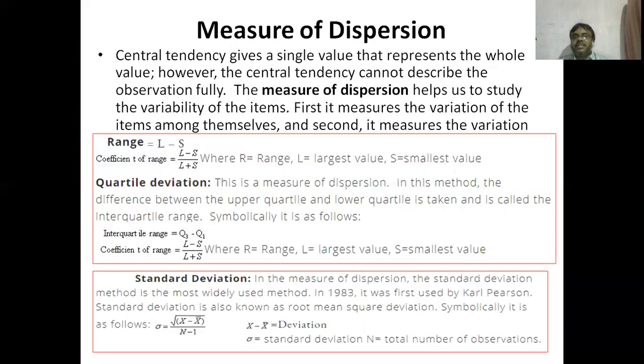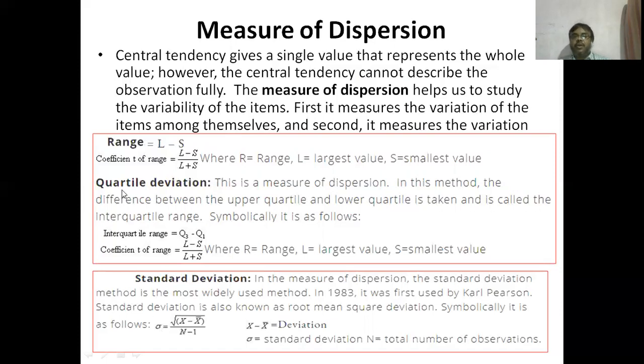Whereas the measure of dispersion will help you to study the variability of the items. It has a much wider scope. It does not depend upon a single value. First, it measures the variation of the items among themselves, and second, it measures the variation in this manner.